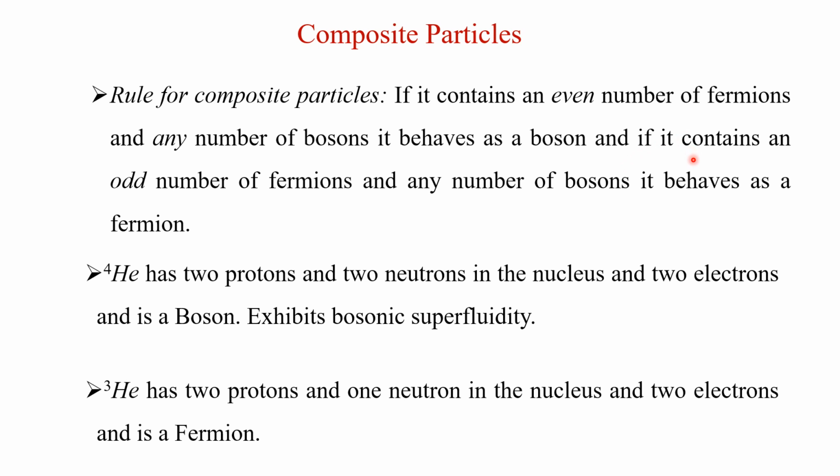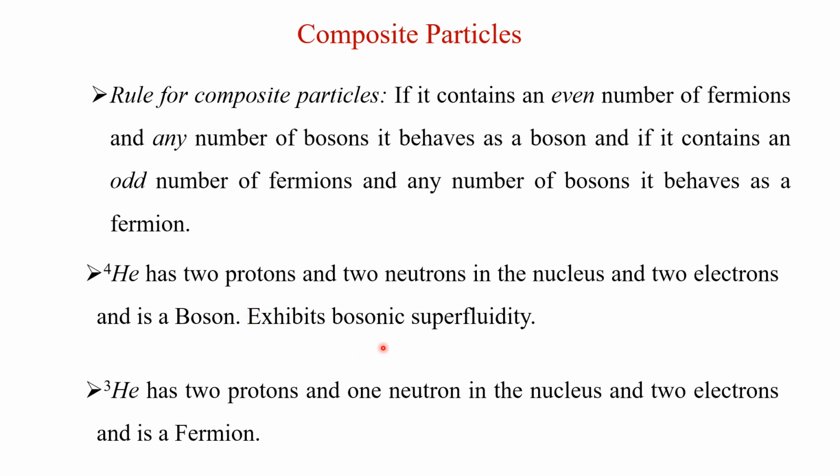And if it contains an odd number of fermions and any number of bosons, boson we know is having the spin of integers. It behaves like a fermion. This is a very crucial point. Let us take helium 4 for example, which has two protons and two neutrons in the nucleus and two electrons, and naturally is a boson because you have two electrons as well as two protons.